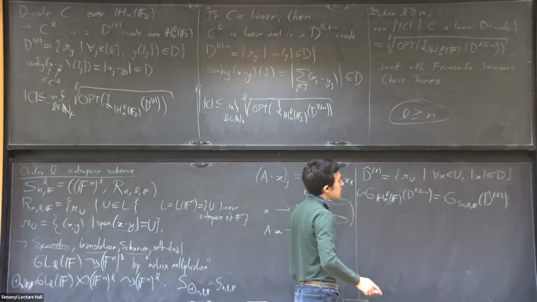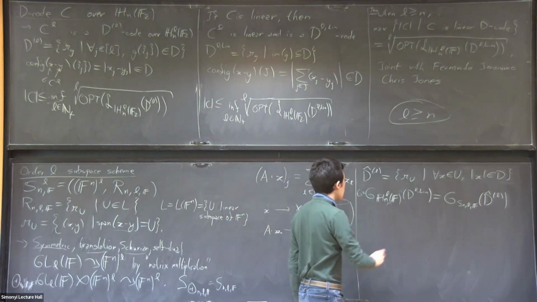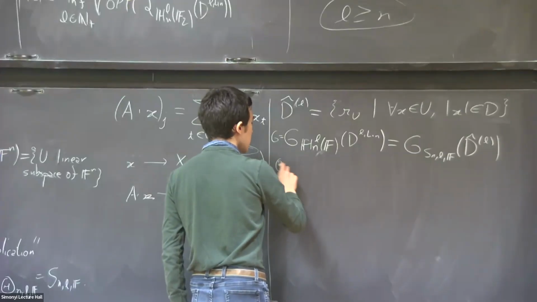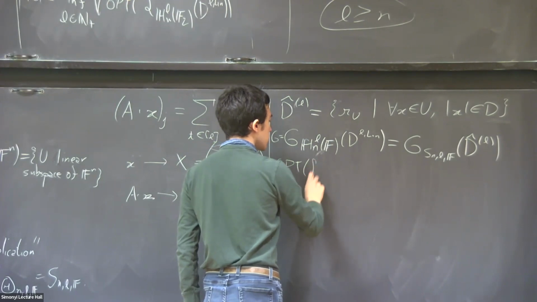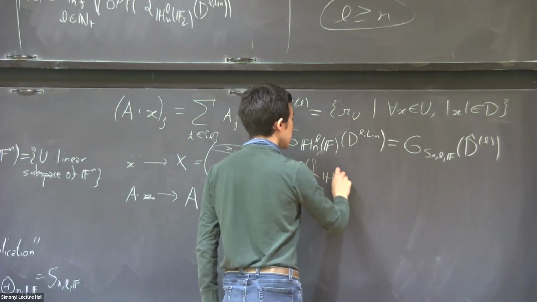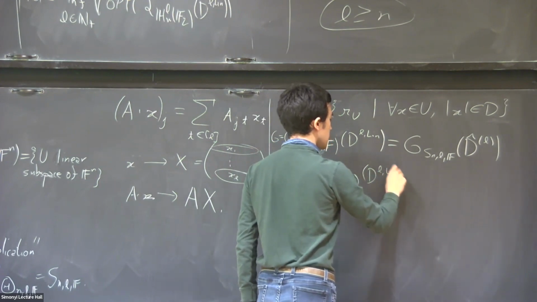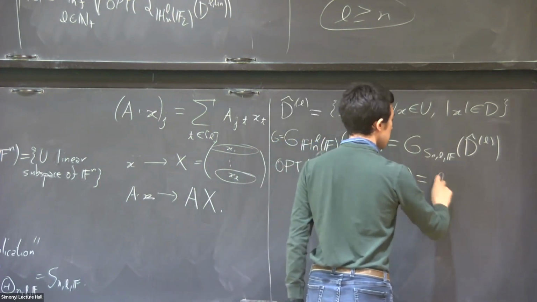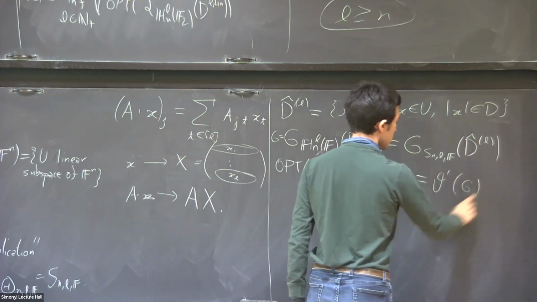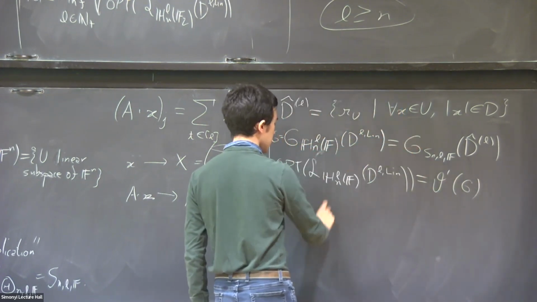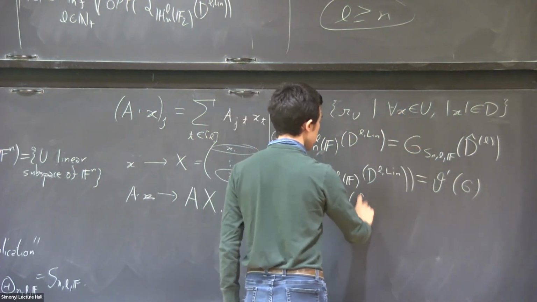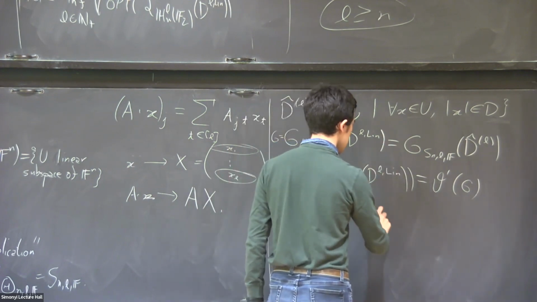So why is it that I can use this scheme to study that guy? Because by Schrijver's result, we know that the optimum of this guy is equal to the theta prime of this graph, but the graph is the same on the other side, and then you can use Schrijver's result to say it's the same as doing the Delsarte LP.